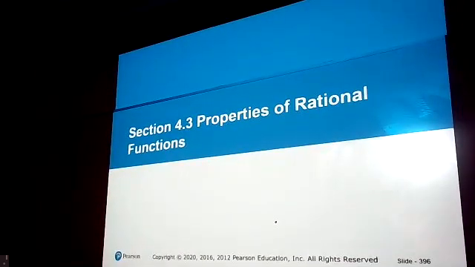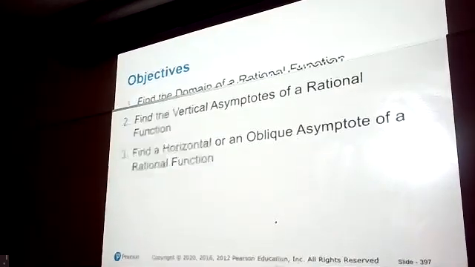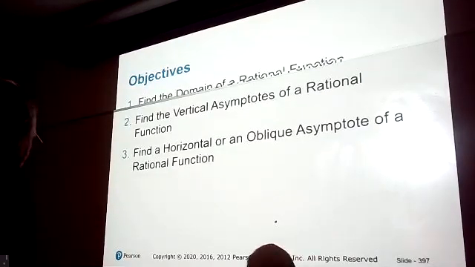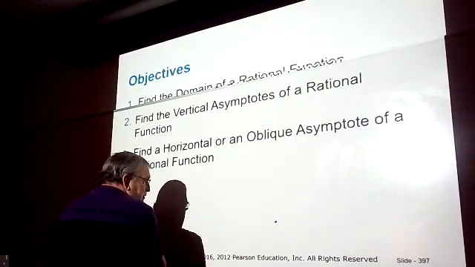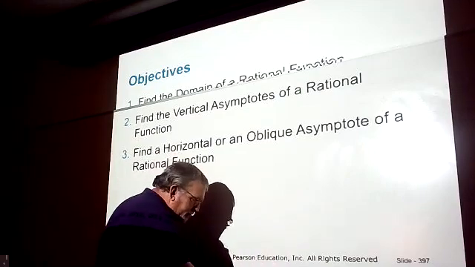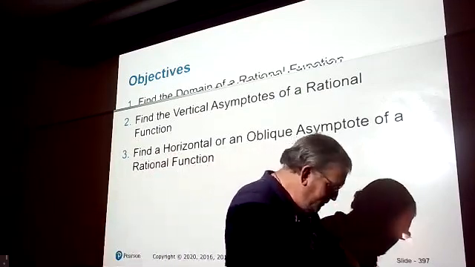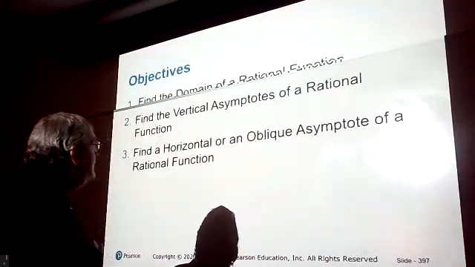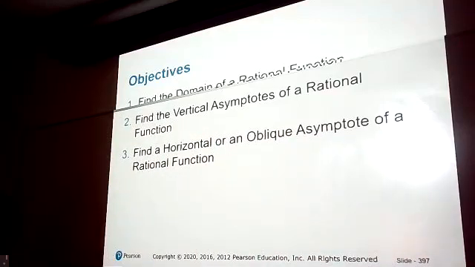Properties of rational functions. First thing we're going to do is find out what rational functions are. And then we're going to discuss the domain of rational functions.